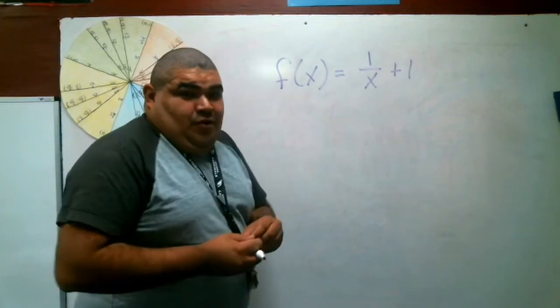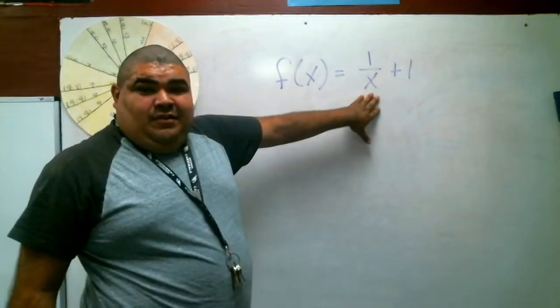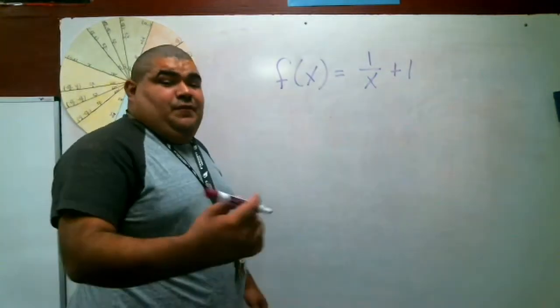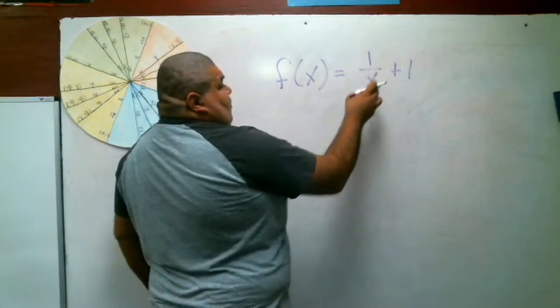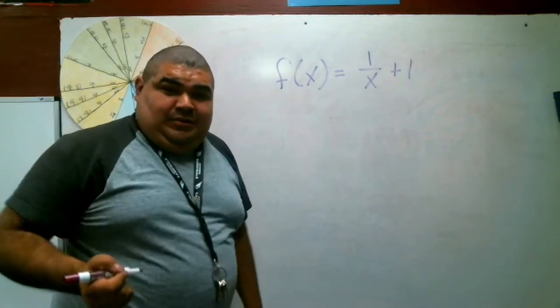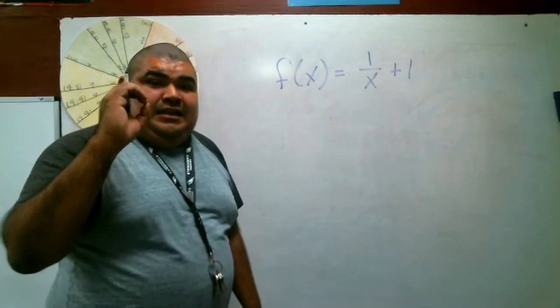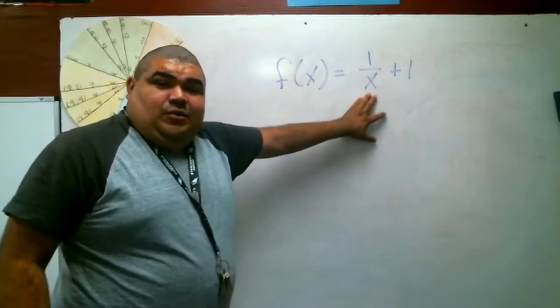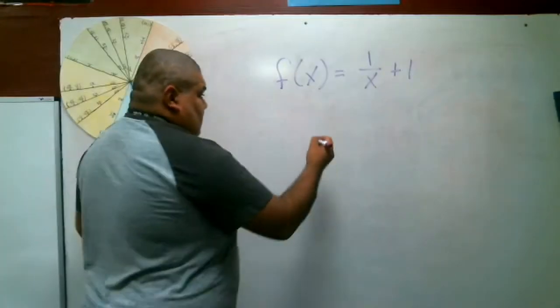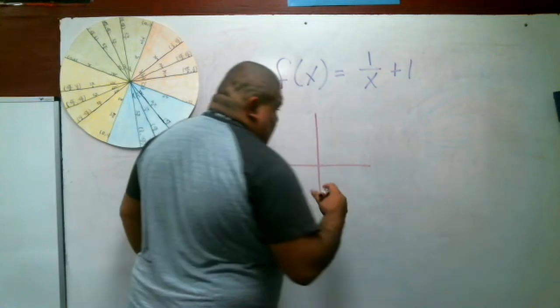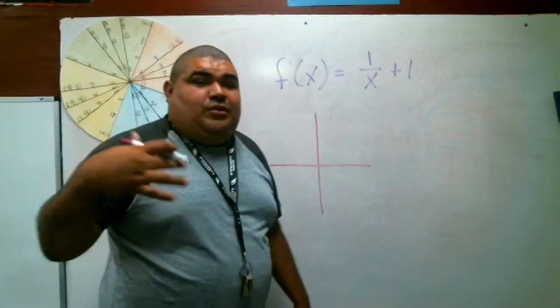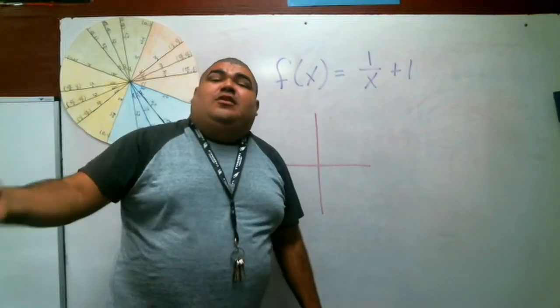We know there's a vertical one because we have x on the bottom. By just focusing on the x, our asymptote in this case is at 0, because x equals 0. Remember, if you had x plus 2 or any other number, you had to set it equal to 0 to find the asymptote.